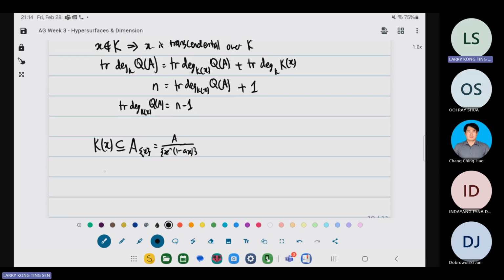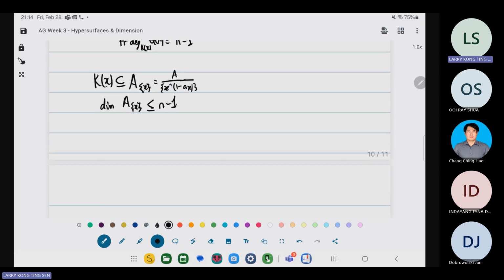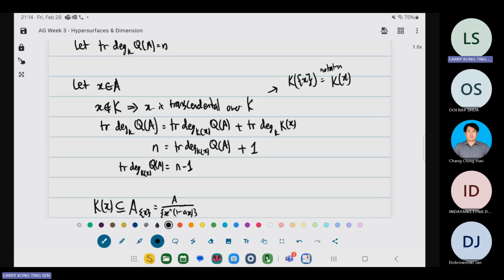Yeah, honestly I'm a little bit lost, but basically this eventually implies that the dimension of A_x is less than or equal to n minus one. And that is for the x not in K case.